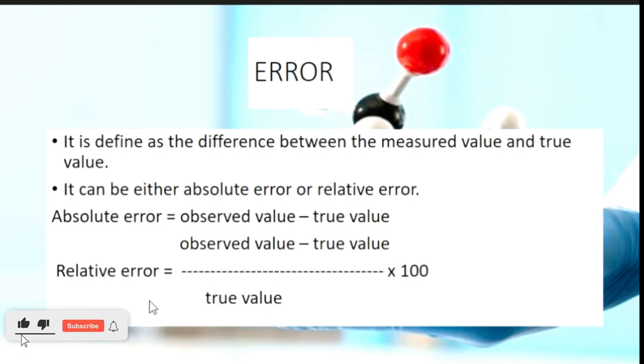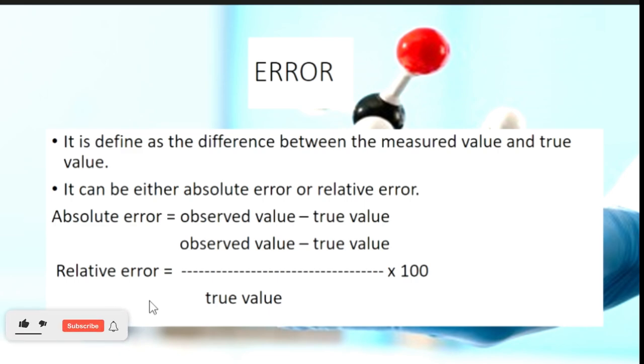Relative error is the absolute error divided by the true value, multiplied by 100, so that we can get both the absolute error value and the relative error value.